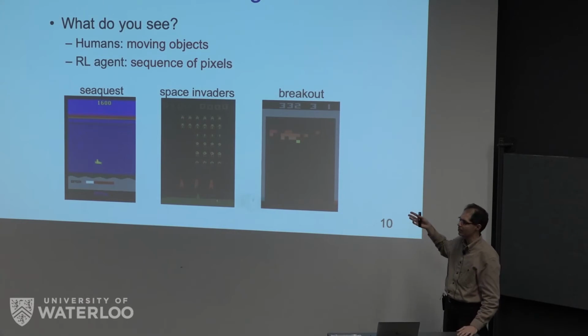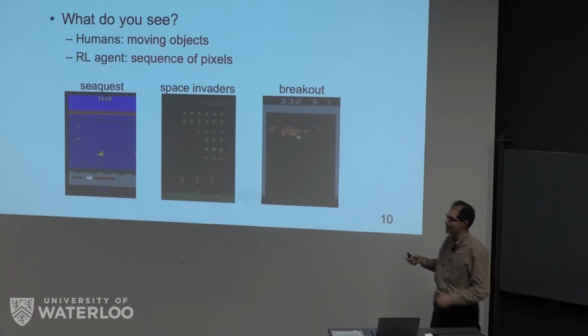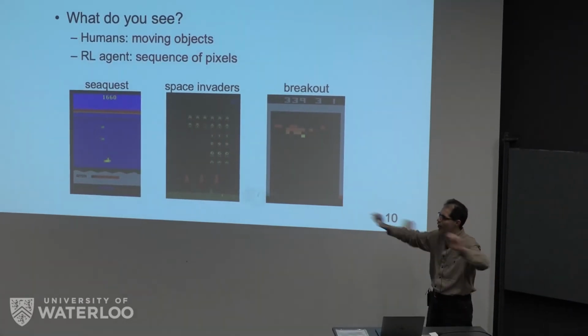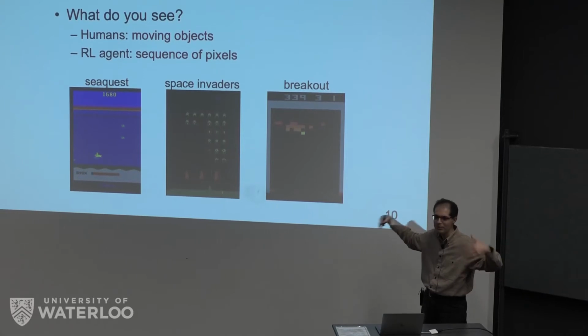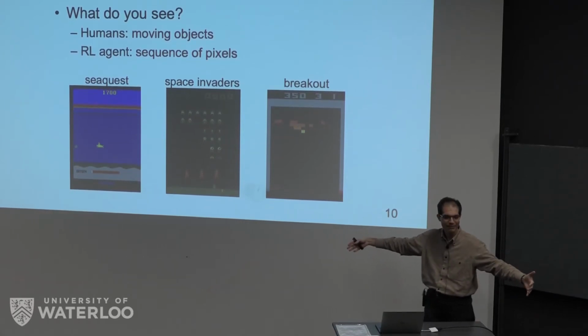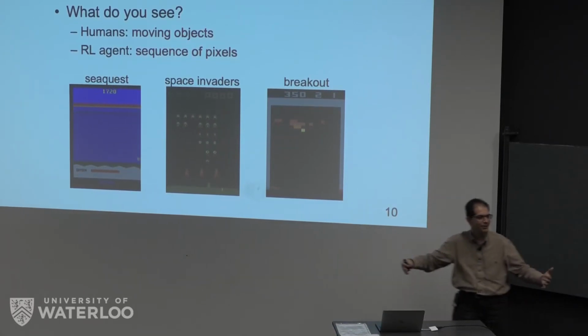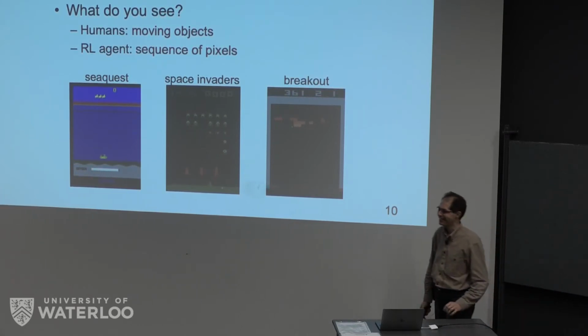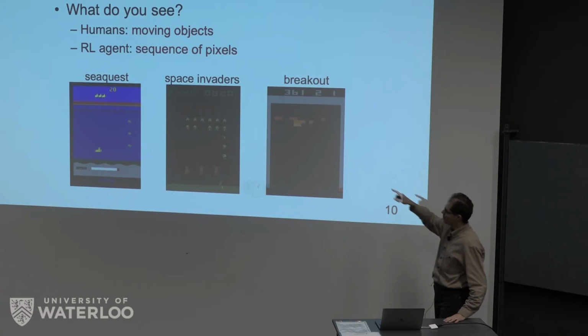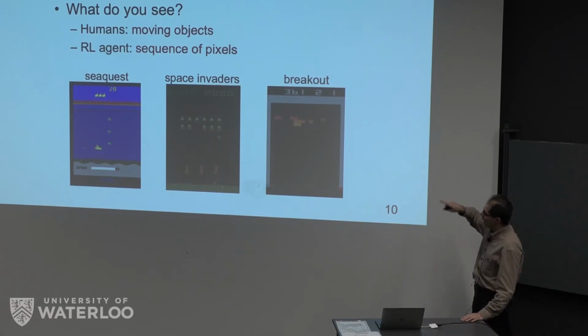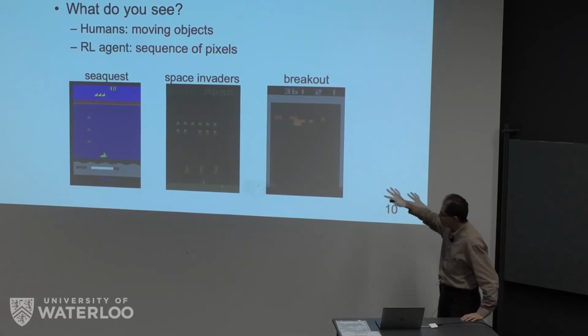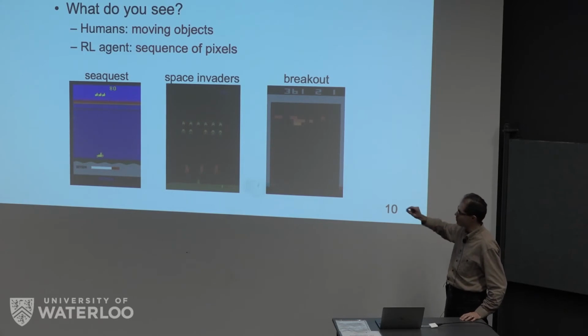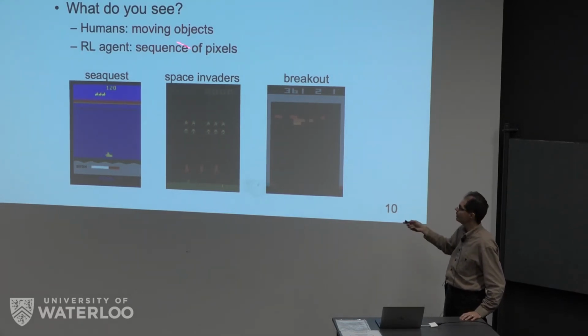And if instead you were asked to play these games and I just showed you a long vector of numbers, that would be a much harder way to play the game, right? So now you'd understand what it feels like to be a reinforcement learning agent. Okay, so in any case, the question will be, can we change this so that the reinforcement learning agent can also work with higher level information like objects and also their motion?